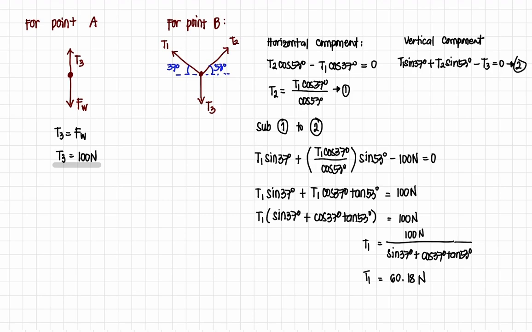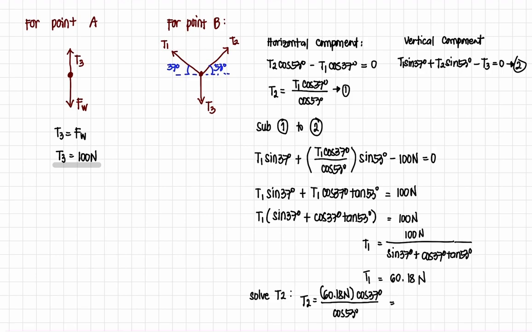newtons. That's T1. So solving for T2, solve T2 using equation number 1. So T2 is equal to 60.18 newtons times cosine of 37 degrees divided by cosine of 53 degrees.